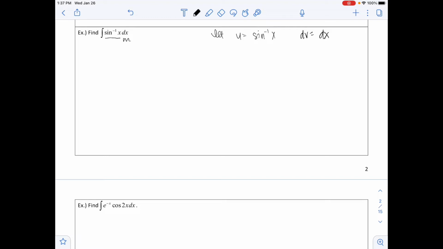So taking a derivative of sine inverse of x, du is equal to 1 over the square root of 1 minus x^2 dx. Make sure you go back and look at your inverse trig functions, the derivatives of those, and if you don't know them well, then definitely study those. We then are going to integrate the second part, and so we get v is equal to x.